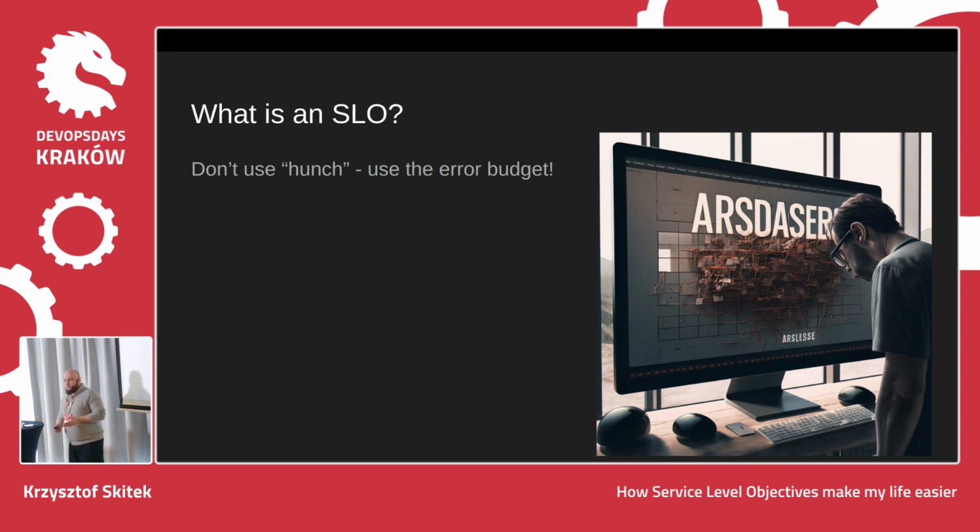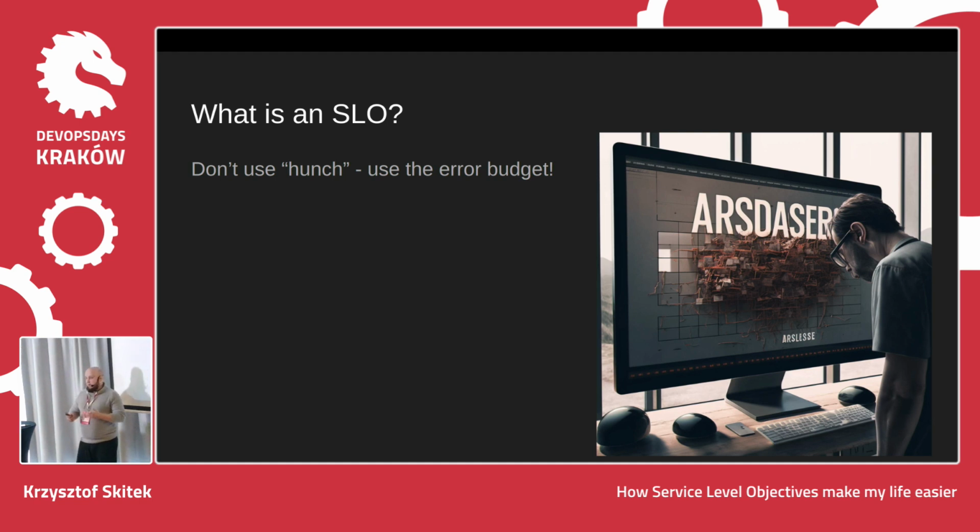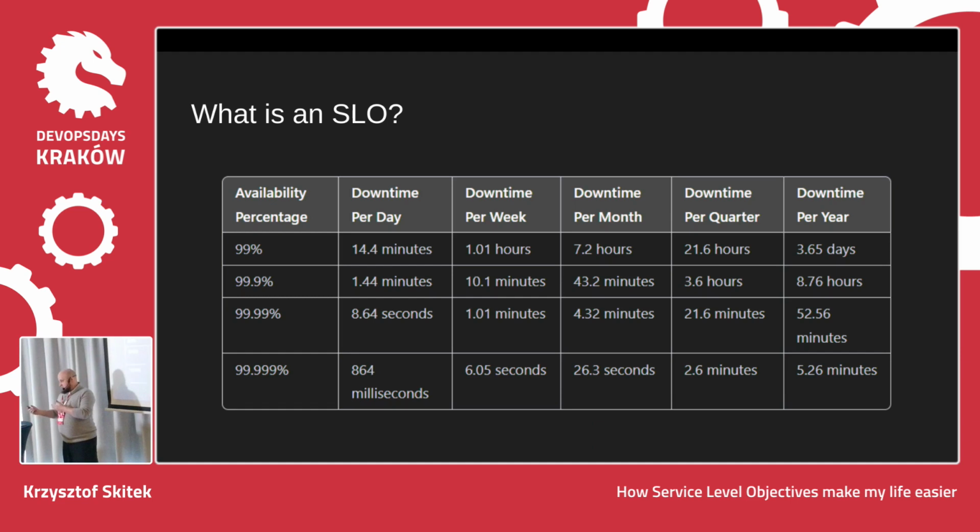The error budget is basically agreeing that we are not able to be 100% reliable. This is not physically possible. This is too costly. So you know probably this table with SLAs.